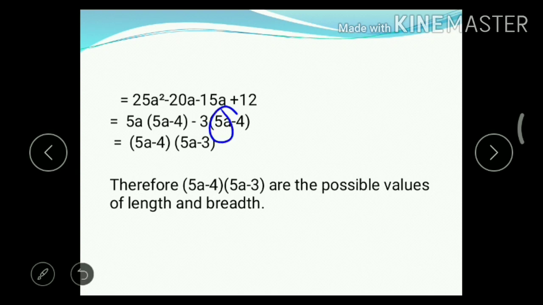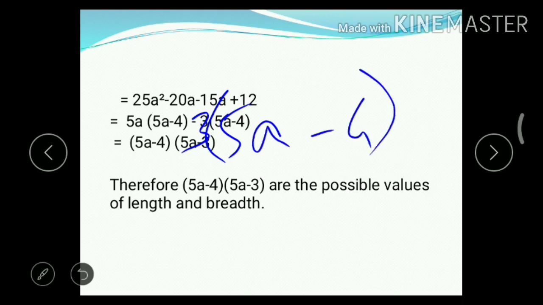So in this case we have to write in opposite sign. So 3 also we have taken out as common. So inside of the bracket 5a will remain, then minus 4. If you multiply these two, you will get 15a and these two 12.